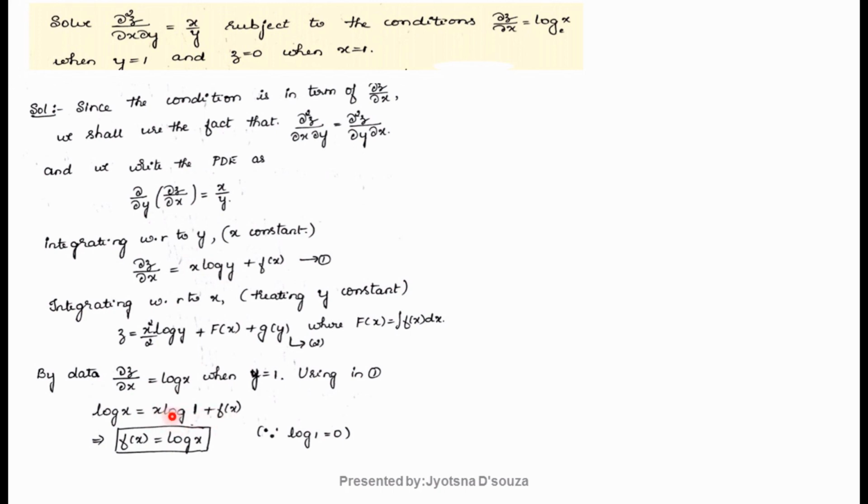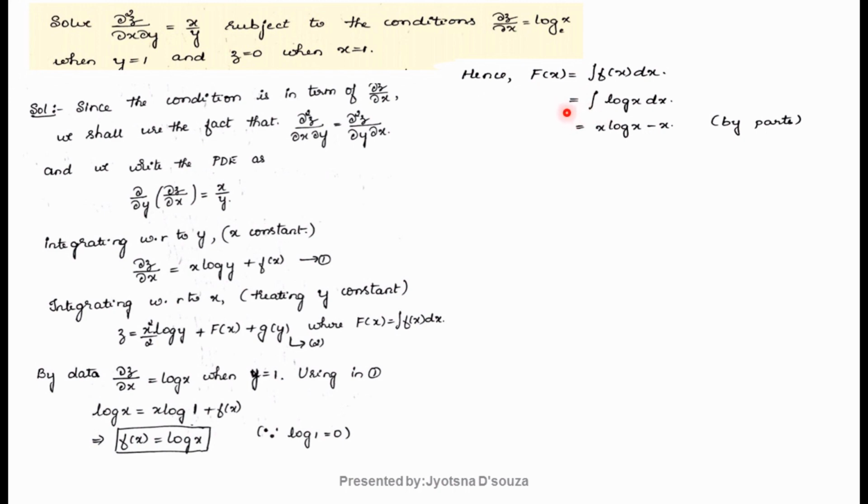But I need capital F(x). So for that I have to integrate this small f(x). So capital F(x) is equal to the integration of f(x) dx, or the integration of log x dx. Now here, the integration of log x you have to find out by using integration by parts.